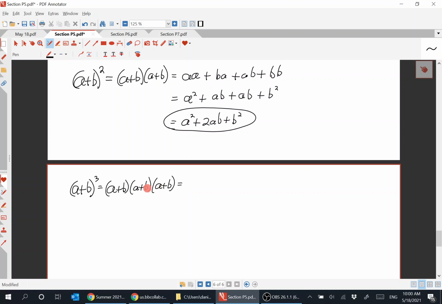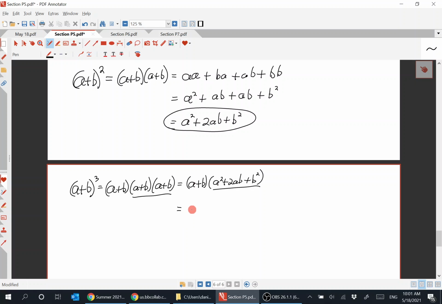Well, a plus b times a plus b was this. These two, a plus b times a plus b, was that. And now you have to do it again. Two terms in this polynomial, two terms in that polynomial.